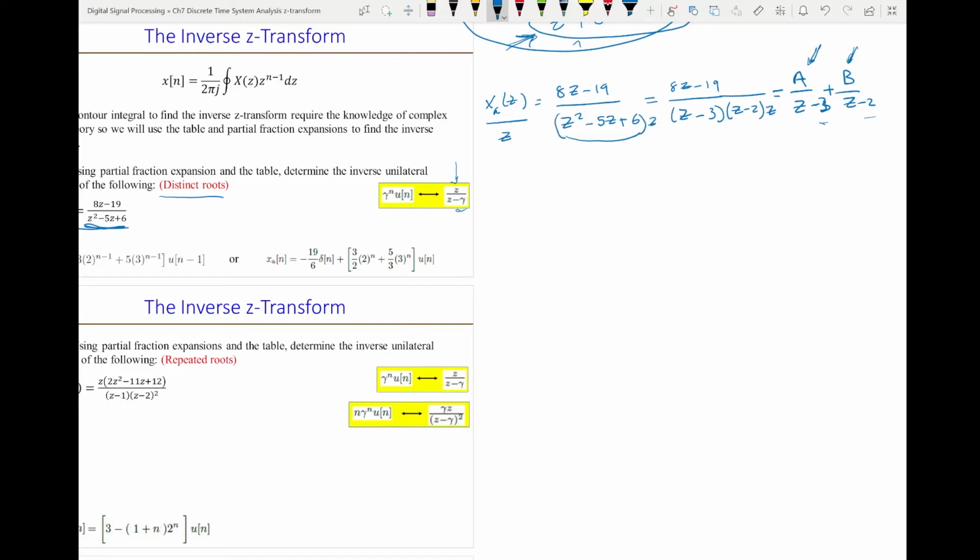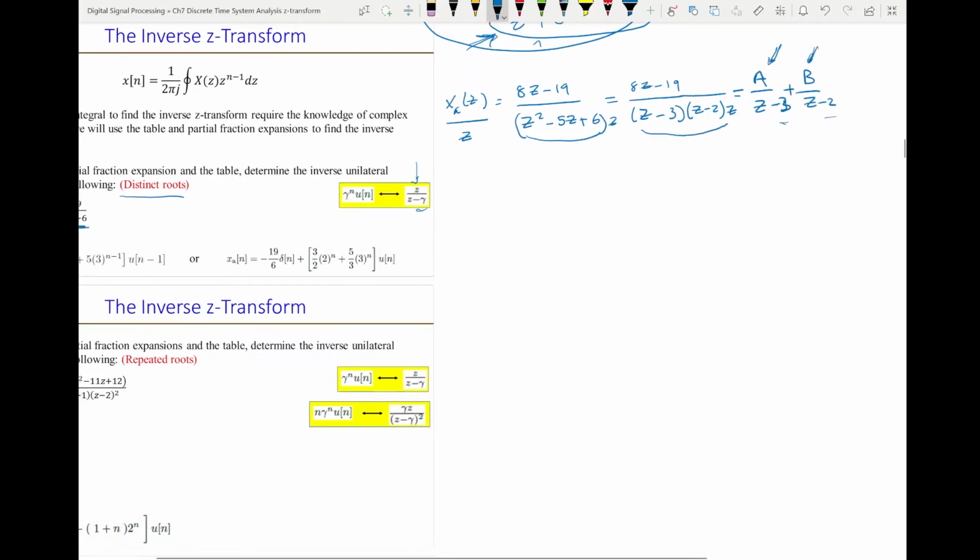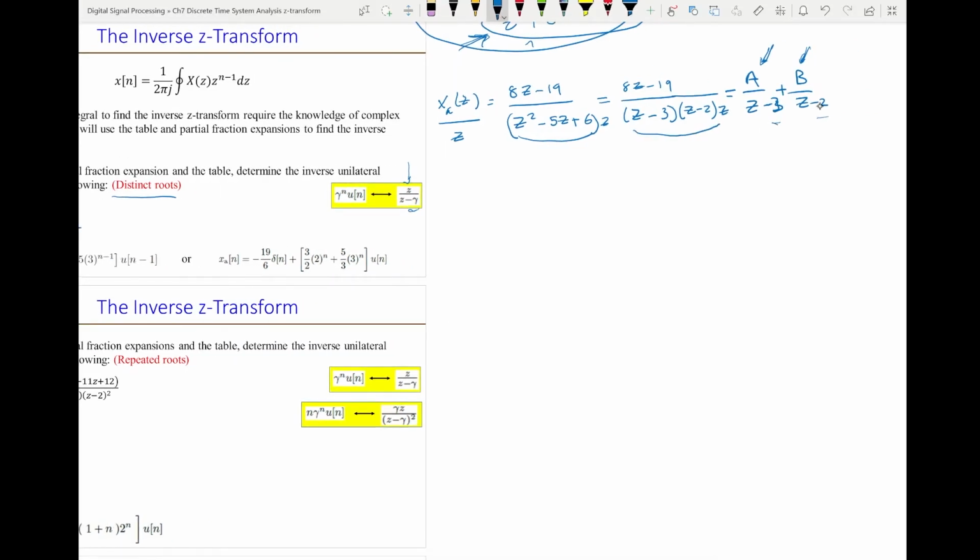Now when I do the partial fraction expansion of this term, it will be A over z minus 3, B over z minus 2, but then I will have a third term for this z, C over z. Now I need to find A, B, C, all these 3 constants. So let's work out with this. So X_a of z equal.